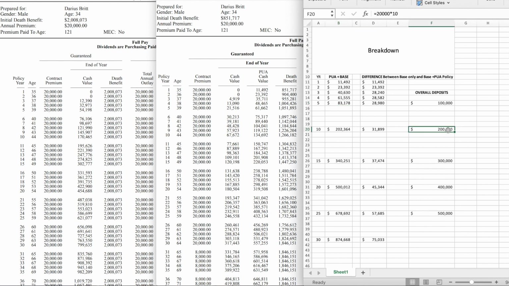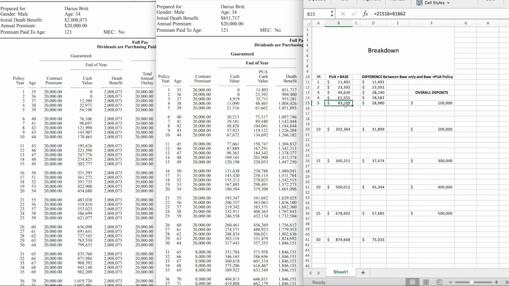So let's go ahead and break everything out, because it's important that you all understand how adding a paid up additions rider can change the cash value within a whole life insurance policy. So let's just go every 5 years. I think it's easier to compare it that way. So in 5 years, policy 1 has $54,198 of cash value availability. Now check this out.